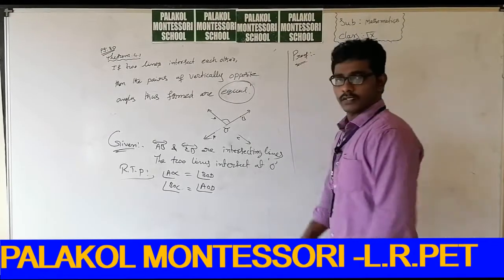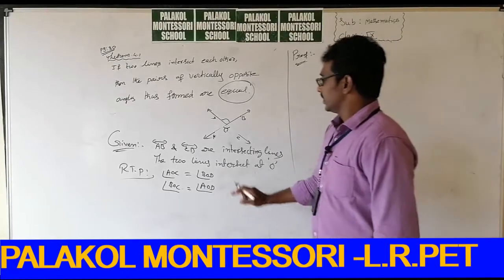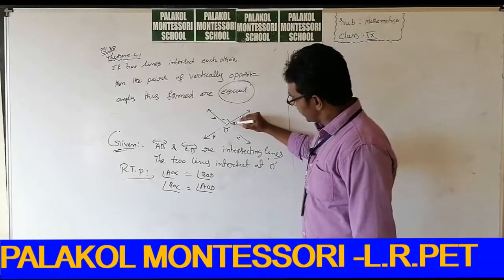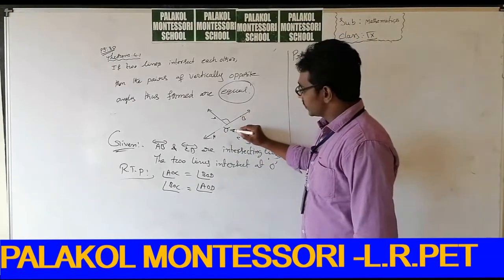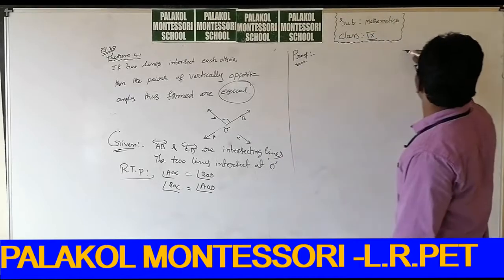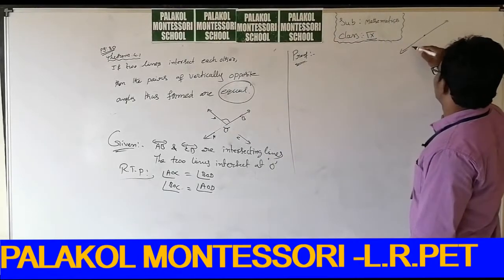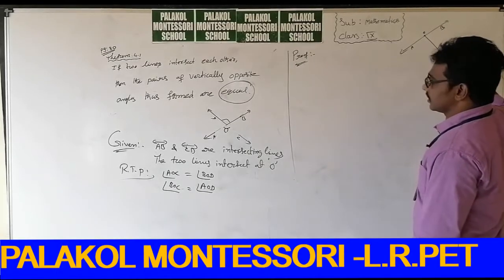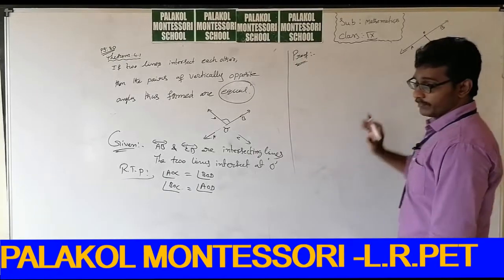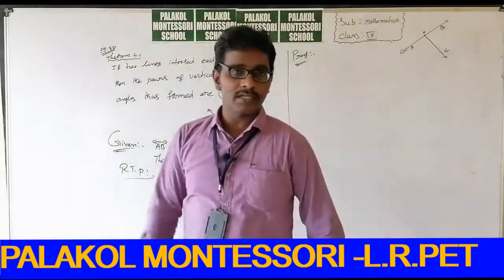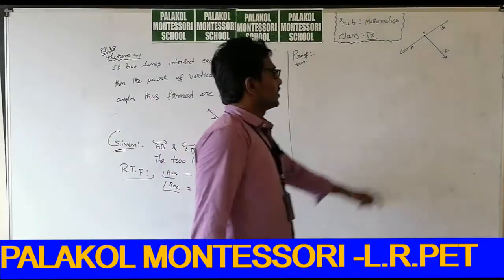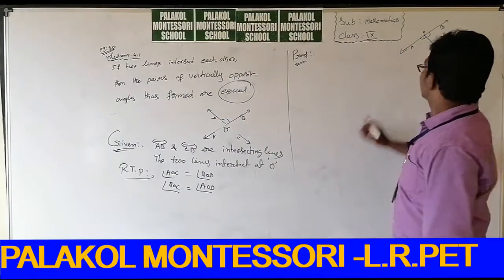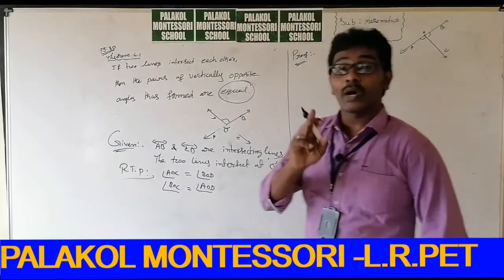Yes guys, how to prove this? Please see, I take line segment AB with the ray OC. I draw a rough diagram, guys. This is A, O, B and this is C. It forms angles on this side and that side. The sum of these two angles is 180 degrees. Why?